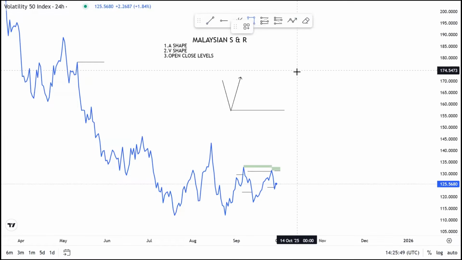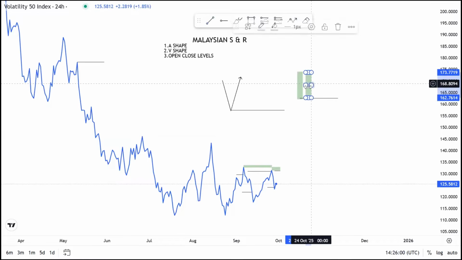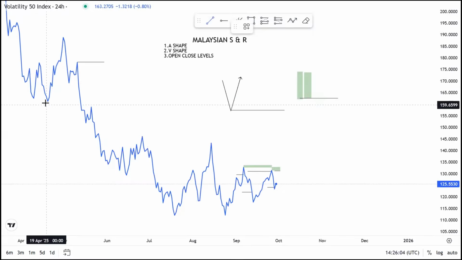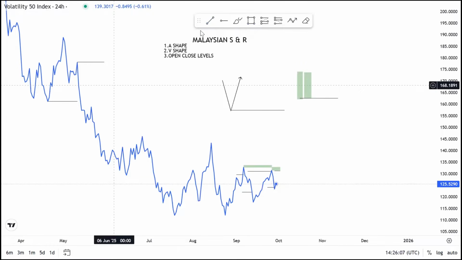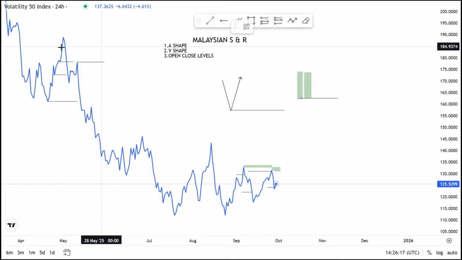Just like two candles forming like this, with the low here. Here is your key level, and it's very easy to spot on the chart. So these are your V levels, these are your V levels, this is also a V level.